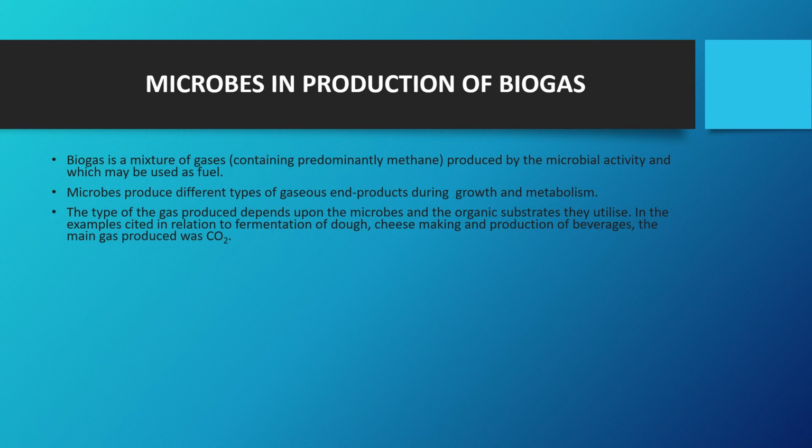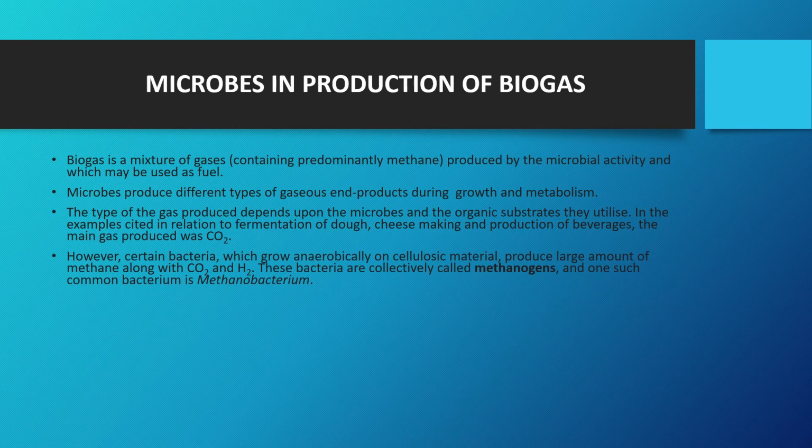In the examples cited in relation to fermentation of dough, cheese making, and production of beverages, the main gas produced was carbon dioxide. However, certain bacteria which grow anaerobically on cellulosic material produce a large amount of methane along with carbon dioxide and hydrogen.